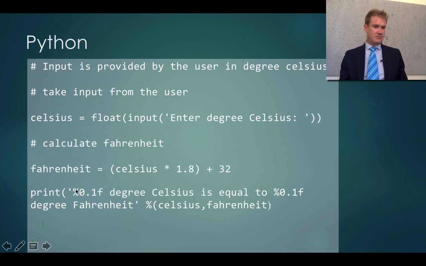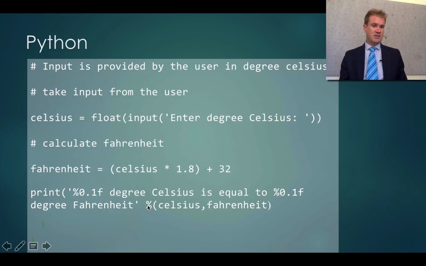And then we have this print. And this little percentage sign, dot 1f, is our first variable that we send. So degrees Celsius is equal to percentage 0 dot 1f degrees Fahrenheit. And then we send our two variables, Celsius, Fahrenheit.